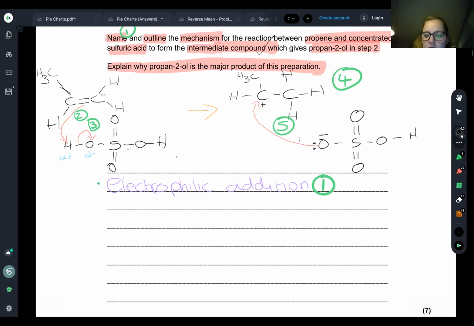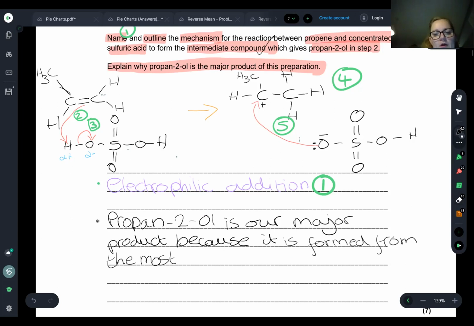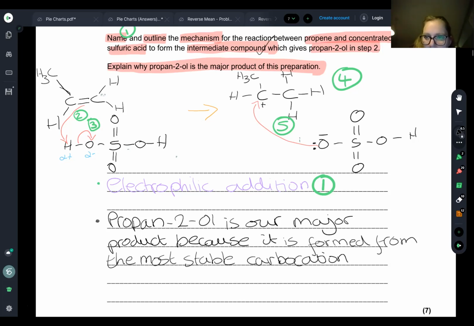Our major product is propan-2-ol, and that is because, as we've talked about before, whenever we do any of these electrophilic additions, propan-2-ol is our major product because it is formed from the most stable carbocation. That will get you 1 mark.